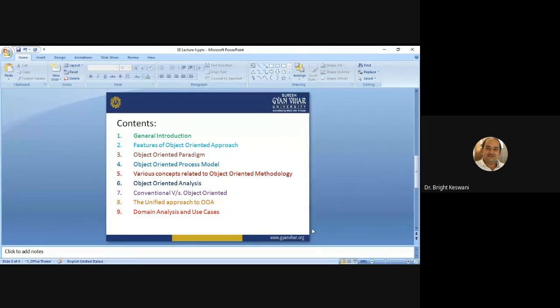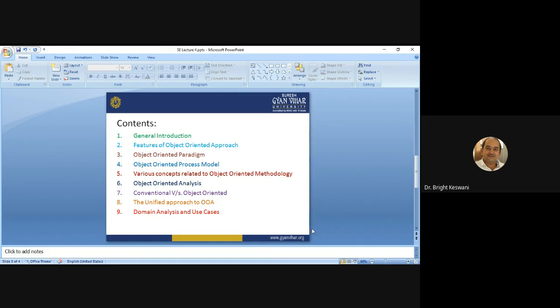Object oriented analysis helps in a reasonable understanding of the system, and this understanding is then matched with the customer's perception along with the software engineering model. As I elaborated in the object oriented process model, the evolutionary spiral model is very much related to this concept of object oriented methodology.